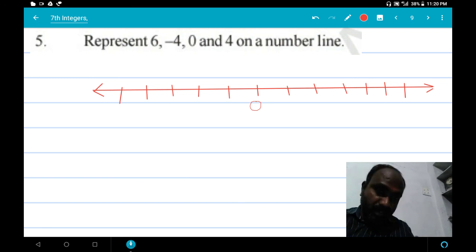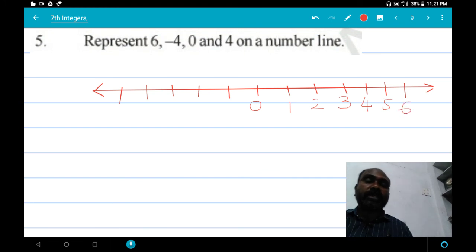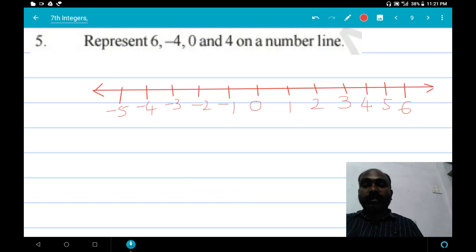Positive numbers: from 0, 1, 2, 3, 4, 5 and 6. On the left side of 0, negative numbers: minus 1, minus 2, minus 3, minus 4, minus 5.